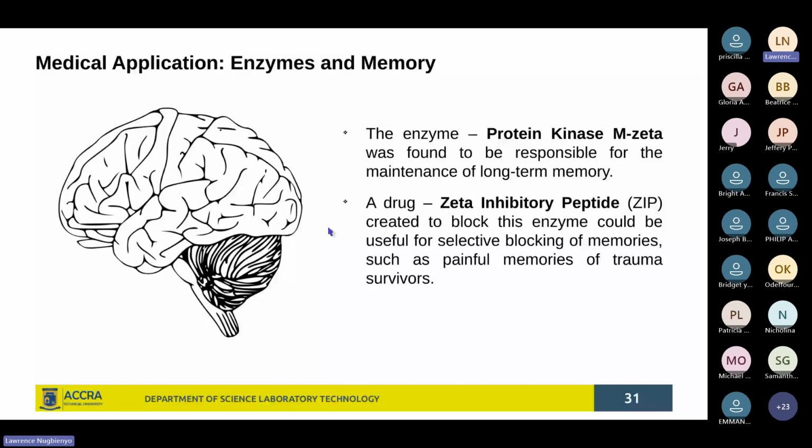Then there has been the discovery of a drug molecule, which was called the zeta inhibitory peptide, ZIP. And what this drug does is it inhibits the enzyme protein kinase M zeta, which is responsible for that long-term memory.